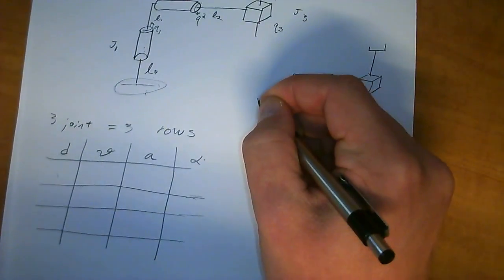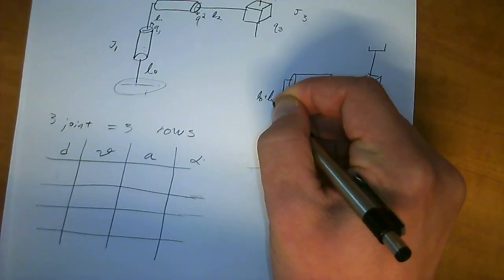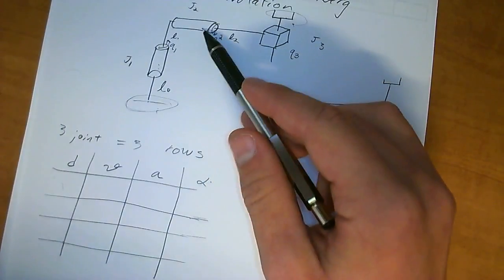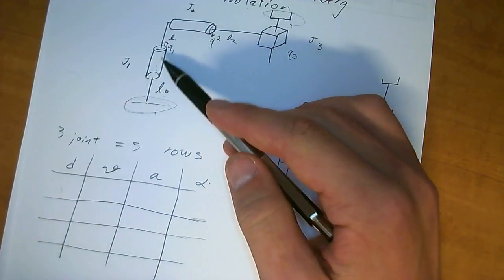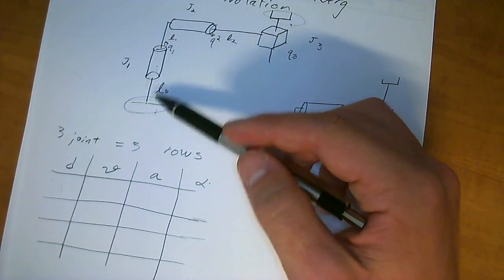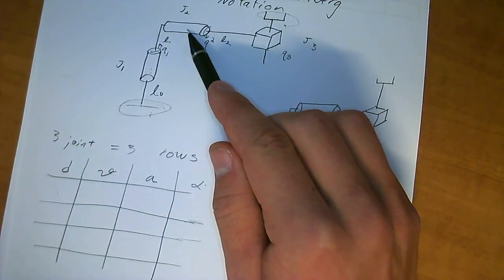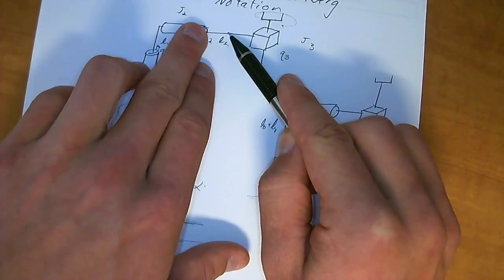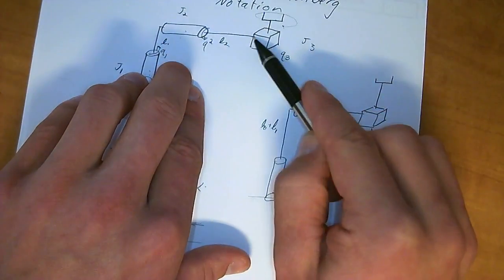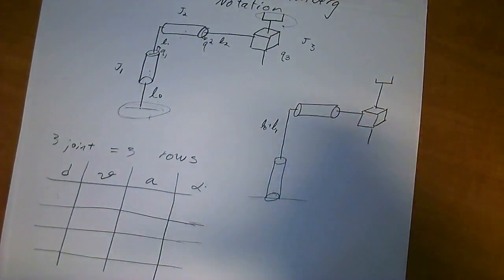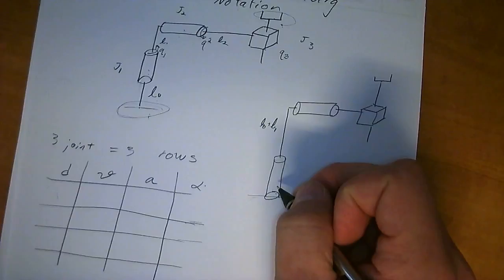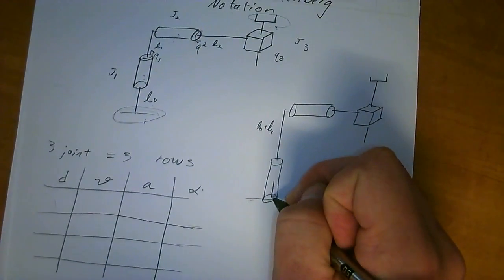But I want to define this down here, and then this will become L0 plus L1. And the reason I want to do this is because when you're doing the displacement from an actuator from the base, you have to include this entire displacement in order to get the correct DH notation. And it would be the same for this actuator. If this actuator wasn't all the way over to the edge, and it was out here in the middle, say like right here, you would have to combine these 2 lengths in order to get the correct translational direction. And we'll go over that here in just a second.